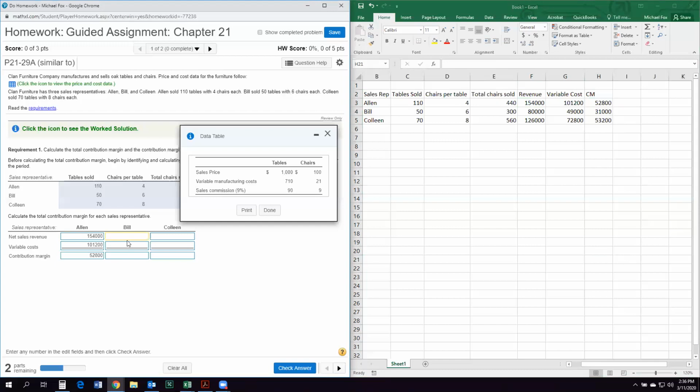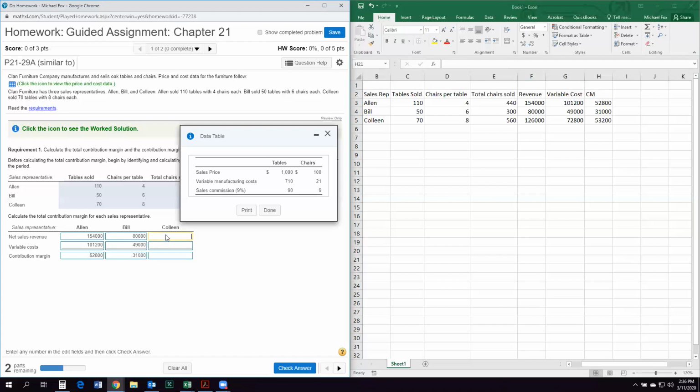Bill had revenue of 80,000, variable costs of 49,000, and contribution margin of 31,000. I think, did I do that right? 80, yes.